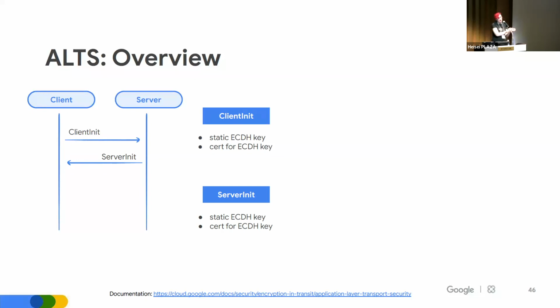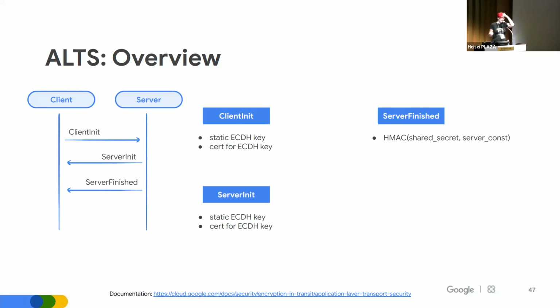And since the server now has all elements that it needs, it will also send a secret confirmation message and allow the client to check that the shared secret was computed correctly. The client responds to that with its own secret confirmation message and sends its own MAC back to the server. At that point, both server and client know that they're talking about the same shared secret, so there should be no monster in the middle.